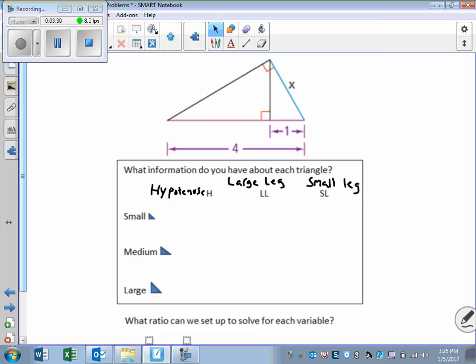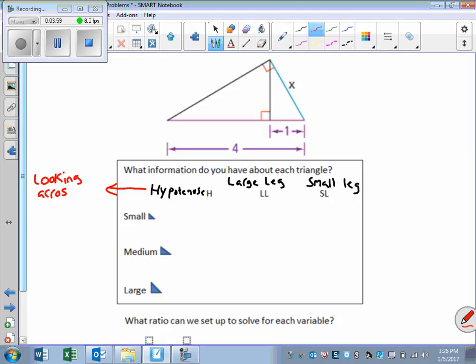Now, another thing to remember about the hypotenuse of a right triangle is that it is the longest side of the triangle. It's always across from the right angle. Okay? So you find the hypotenuse by looking across from the right angle.